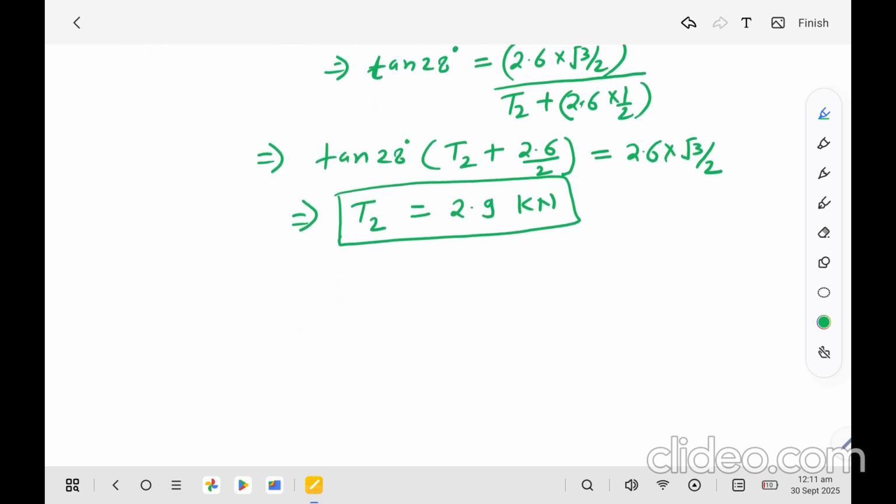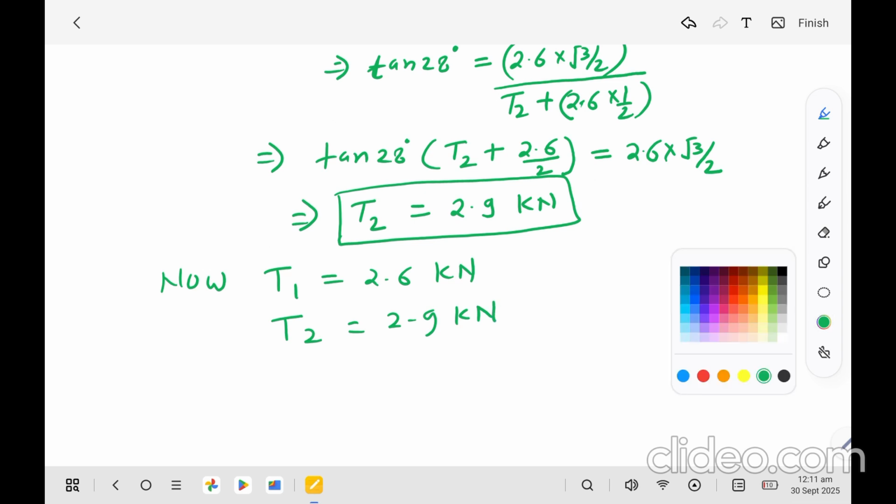So now we know the T1 and T2. Now T1 is 2.6 kilonewton and T2 is 2.9 kilonewton.